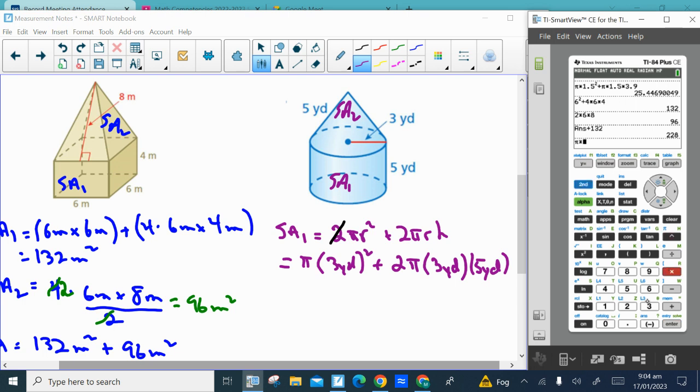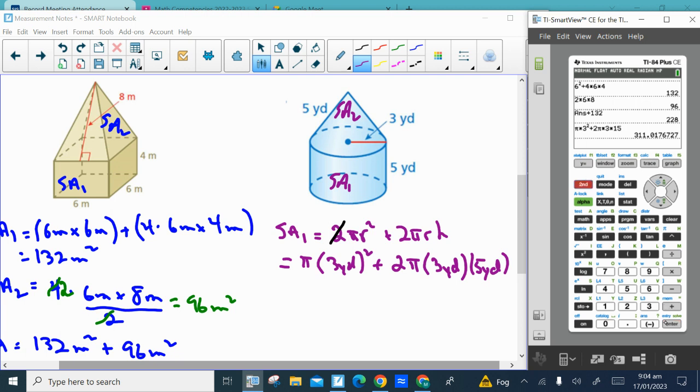So it's pi times 3 squared plus 2 pi times 3 times 5. So there's the surface area of the bottom piece. Oh, I did, thank you.